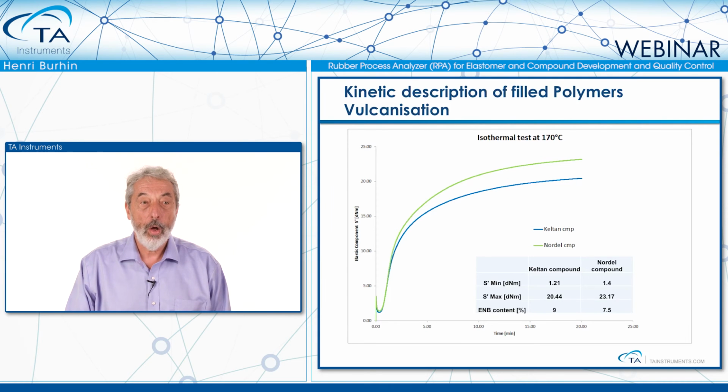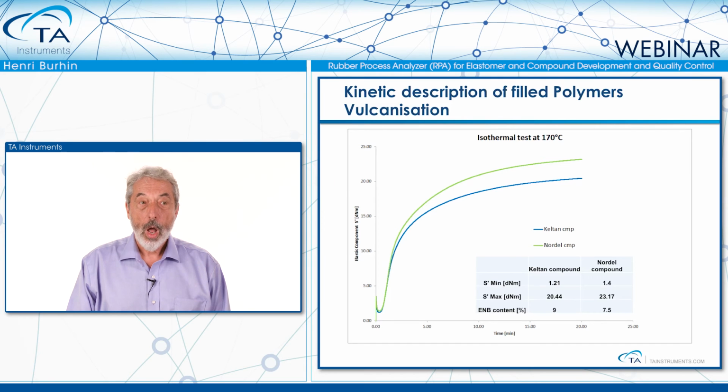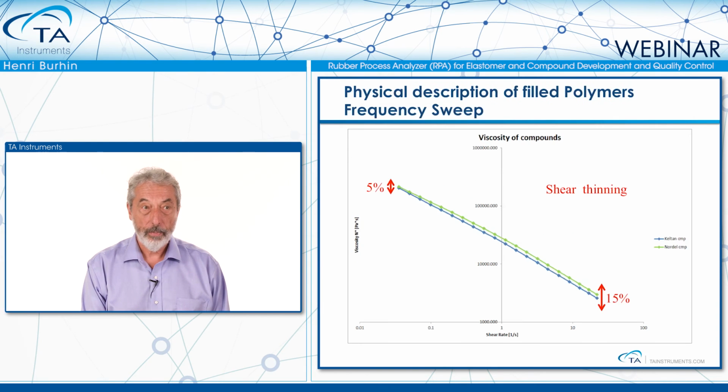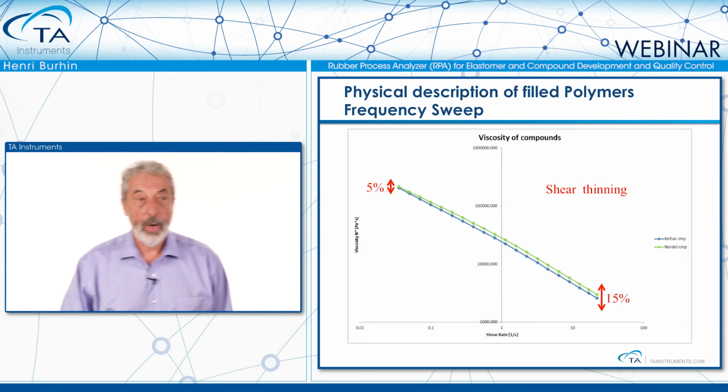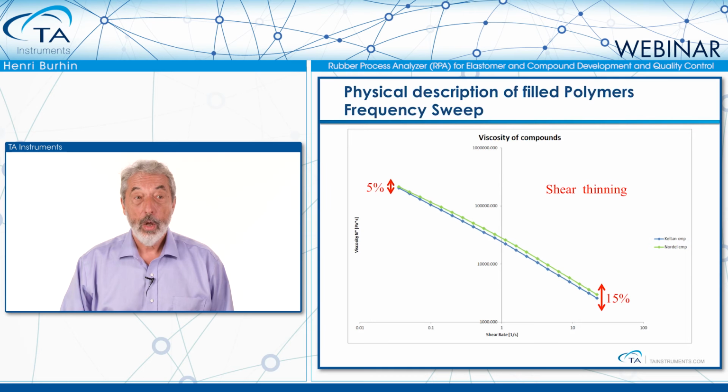Normally it should give a lower crosslink density, but in this case we have achieved a better dispersion of the carbon black, so therefore we have a lower modulus, although the ENB content in the Keltan is higher. If we now measure the linear viscoelastic properties of the compound, we can see that we still have a higher shear thinning for the branched polymer in the compound.